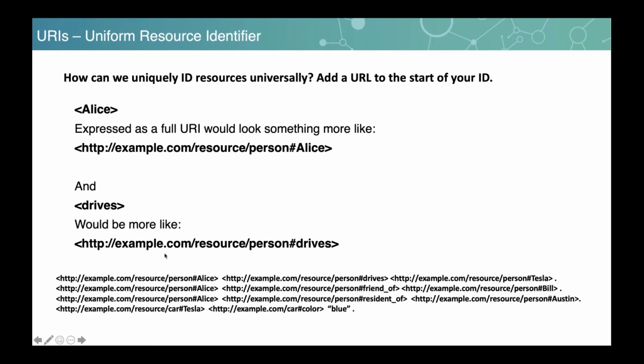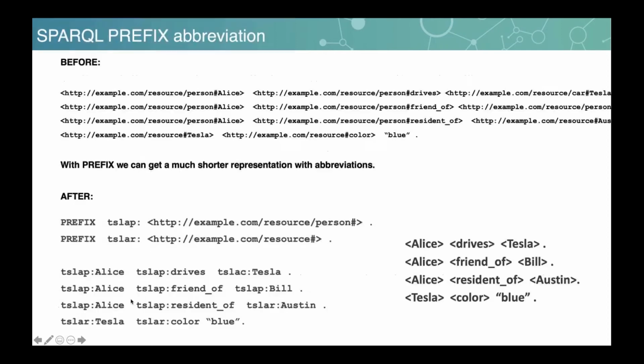And so now you can see here drives would be something more like example.com/resource/person/drives, but now our RDF serialization just got much larger. So how do we deal with that? One of the ways that we deal with that is through what are called prefixes. And so here we can create a prefix. We want to reduce this down. For those long URL paths, we can create a shortcut, a prefix.